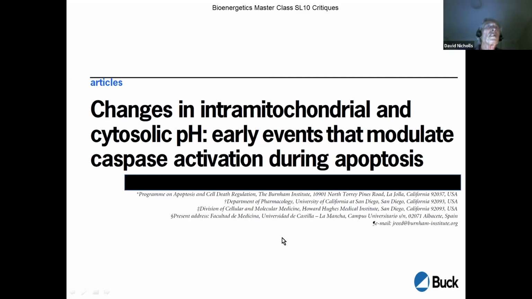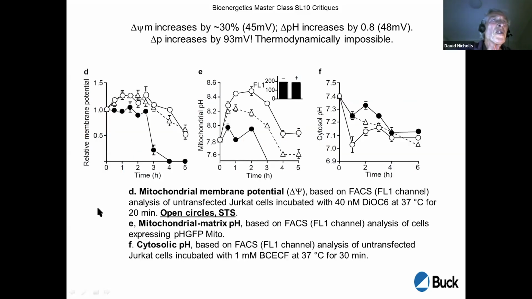ago. But this was an experiment, a paper, I think it was in Cell, on the early effects of inducing apoptosis in cells. And what the authors said was that an hour after inducing apoptosis, there was a 30% rise in membrane potential, and the pH gradient, the difference between the mitochondrial pH and the cytoplasmic pH, increased by about 0.8 of a unit.